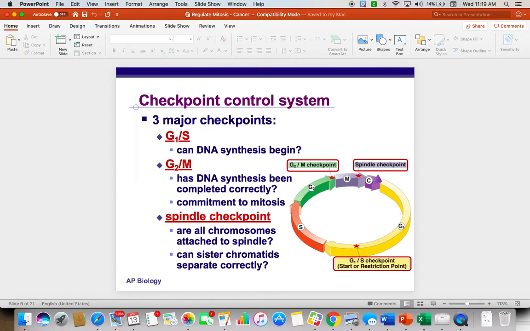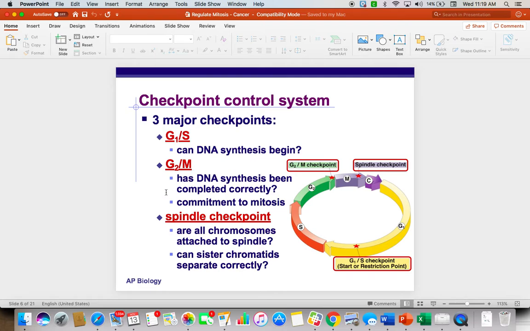The first one asks, can DNA synthesis begin? That means, is the cell the right size? Does the cell have enough energy to divide? Are the growth factors present? Is the DNA damaged or mutated? Because you don't want to make more DNA from DNA that's already messed up.